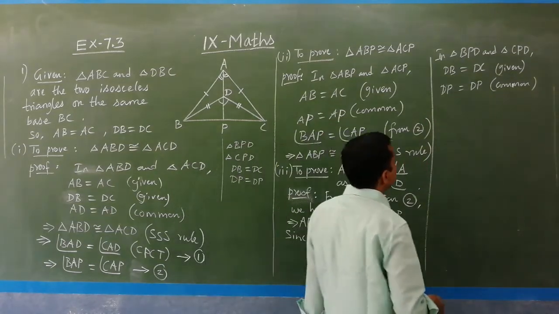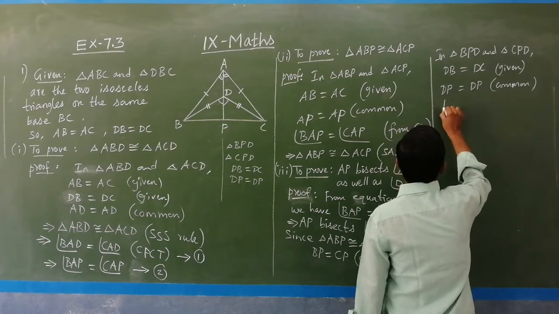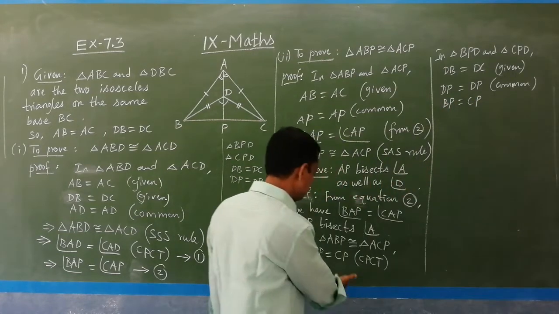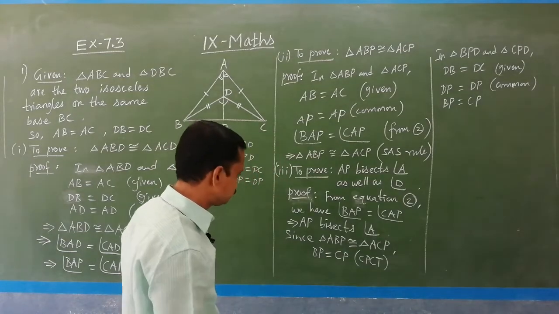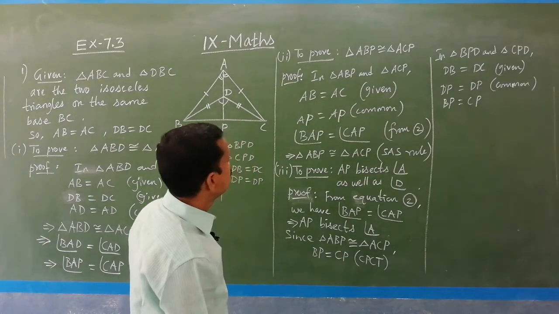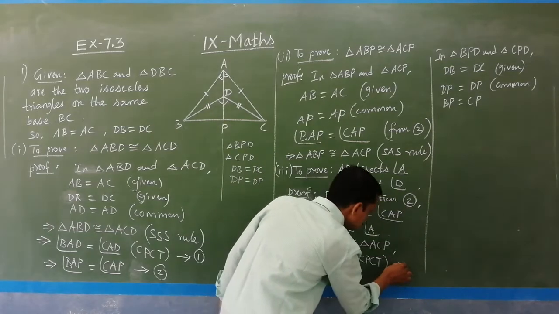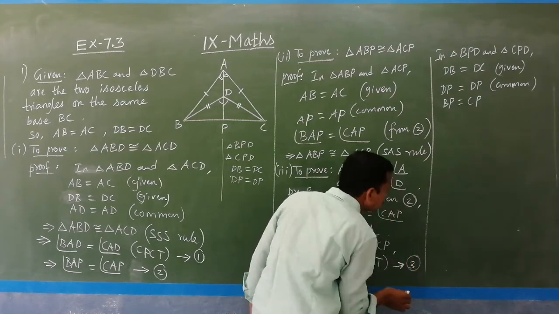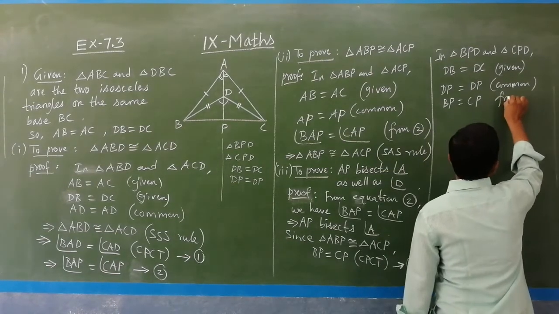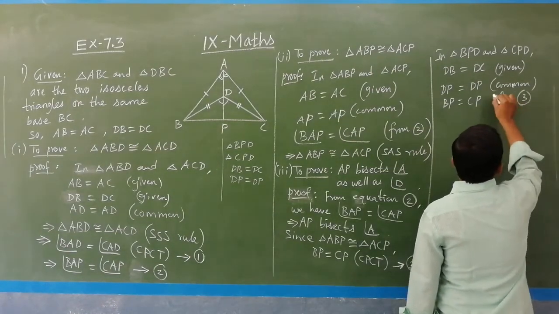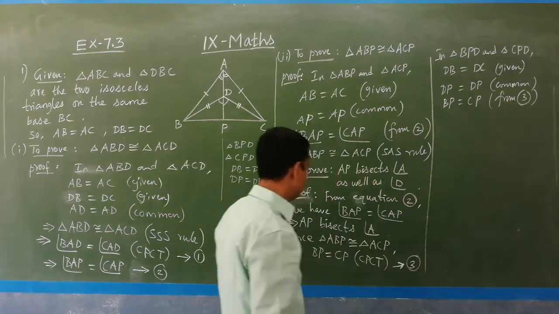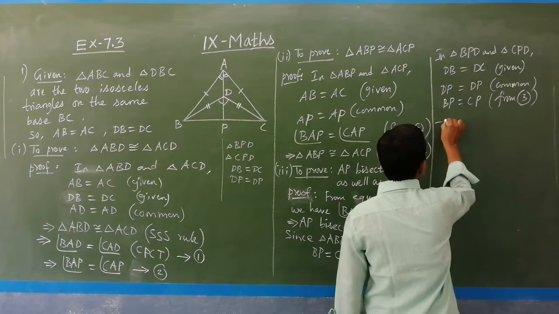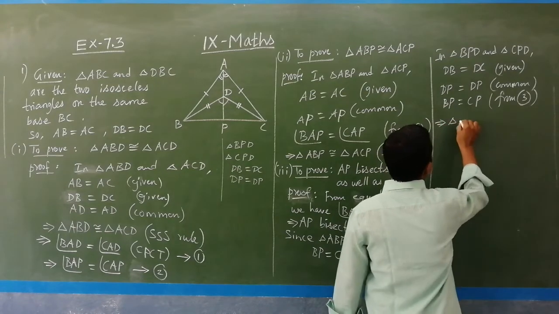By CPCT we have said it. Otherwise we can name it equation number 3. So, from 3 we have BP equal to CP. So, by the SSS congruence rule, these two triangles are congruent.